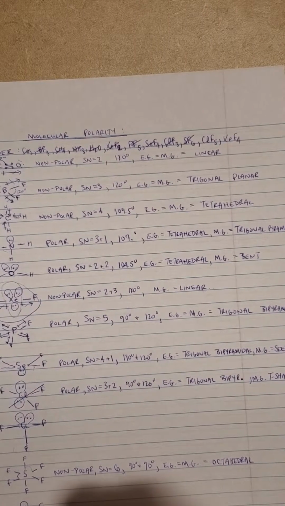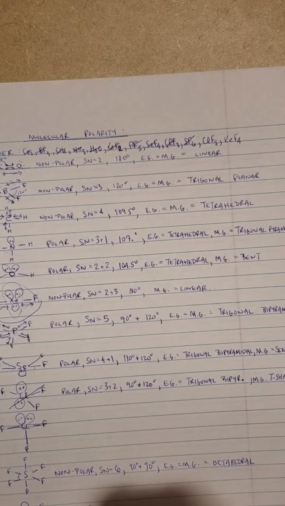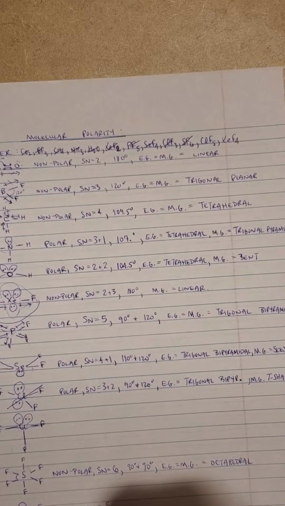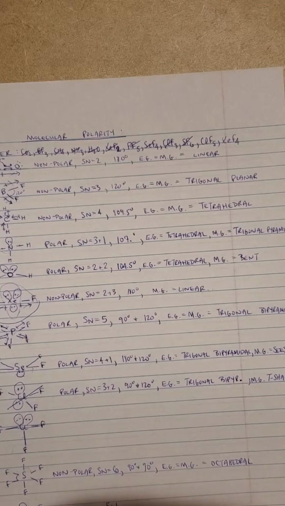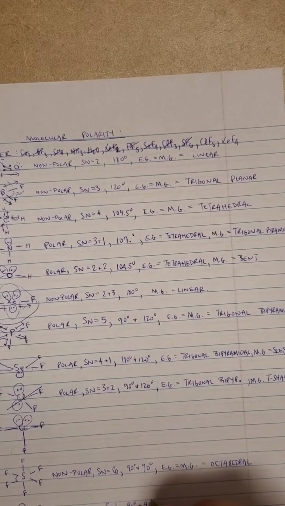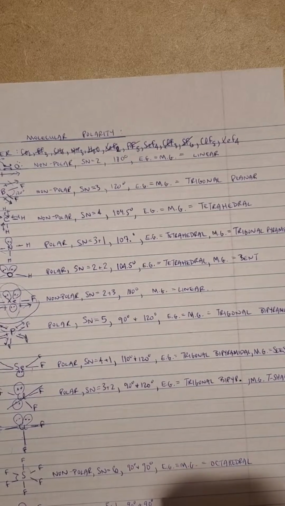This is going to be polar. Steric number is 6. It's going to be 5 groups of bonding electrons and 1 lone pair. This will also have 90 and 90 angles between the bonds and the electron groups, axial and equatorial.